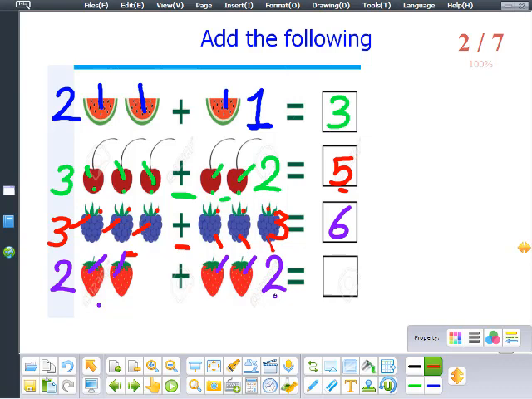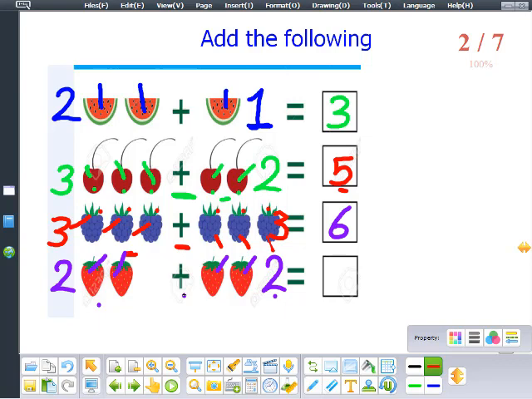So what is this sign? Excellent. Plus. We call it plus. When I find plus, I add. So I add 2 strawberries to the other 2 strawberries.